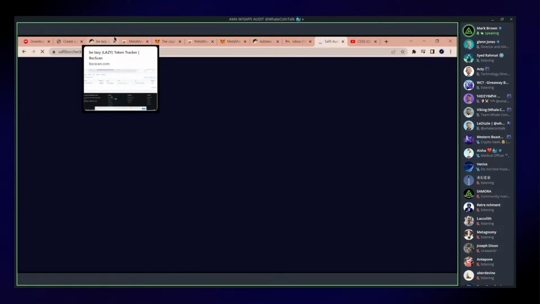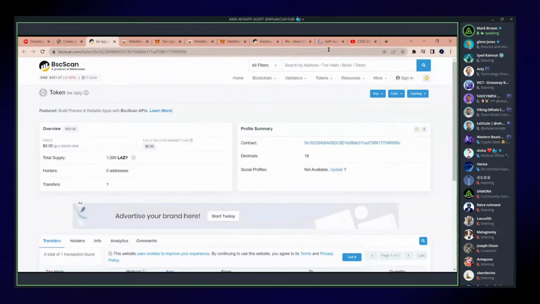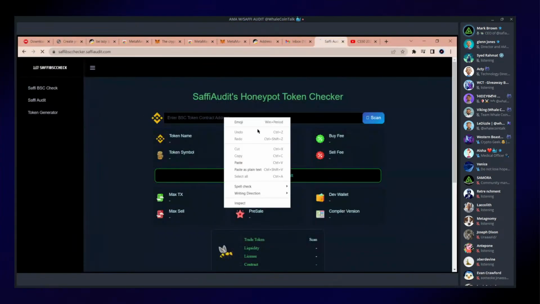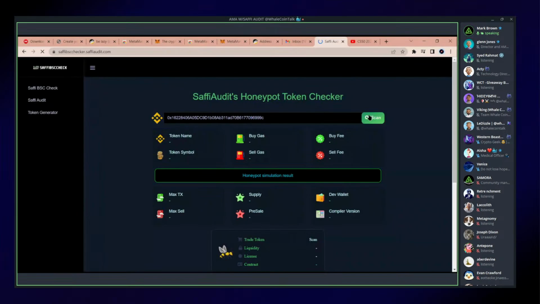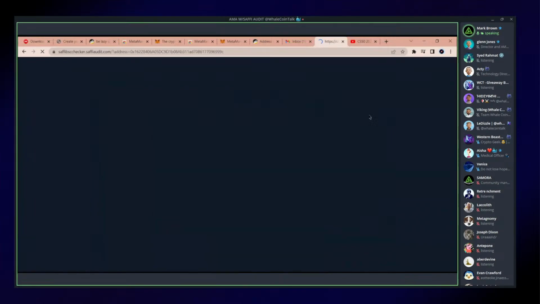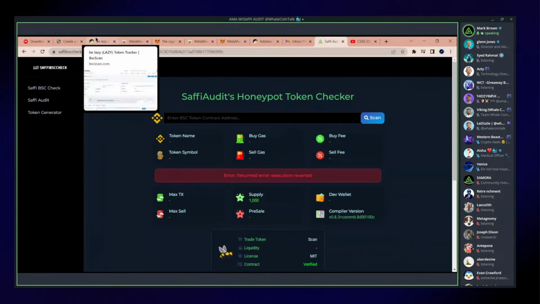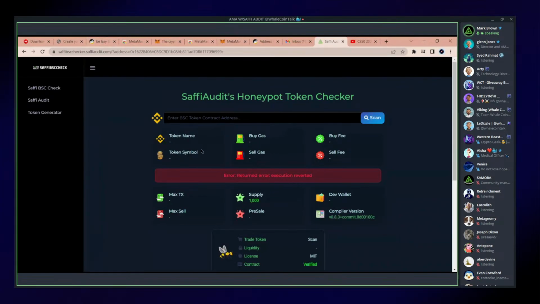So for the basic checker, let me try pulling a contract that we already made and see how it works. For the token checker, it's gonna be so simple. The contract we made is not verified yet, so it's gonna be free for the first time.